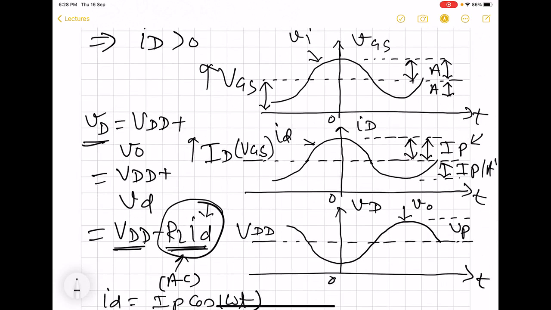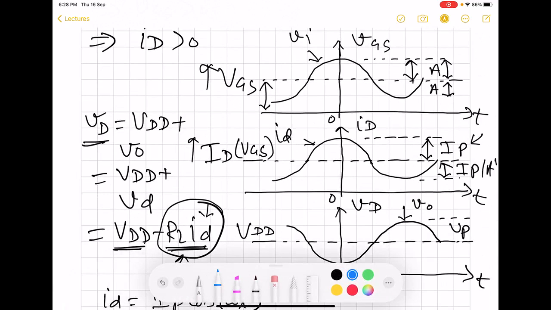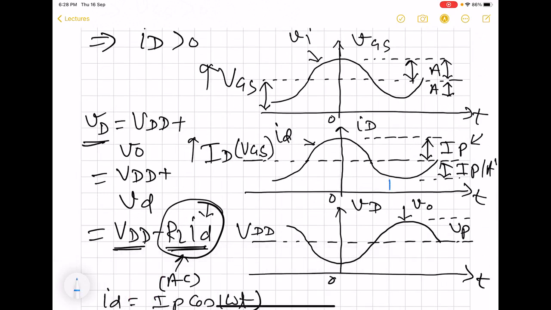IP is actually the amplitude of the ID. So here we see that we still have room for growth. That means IP can be further increased by this much amount, right? So that means if I increase A, this IP is also going to increase.